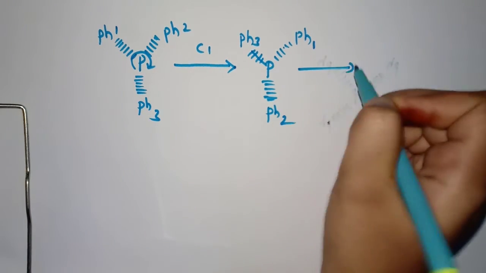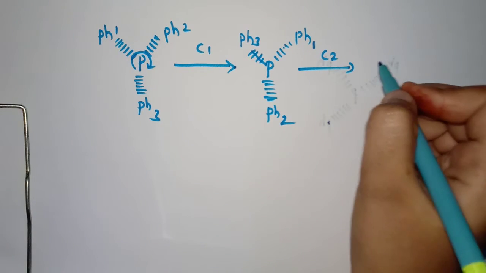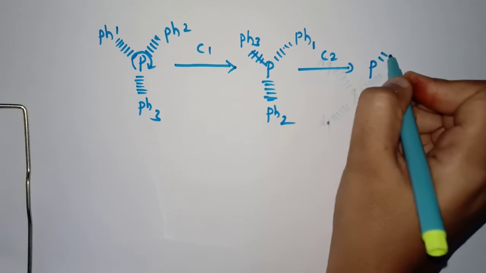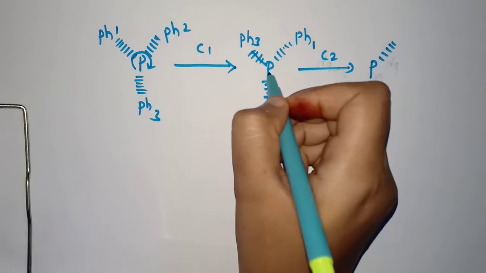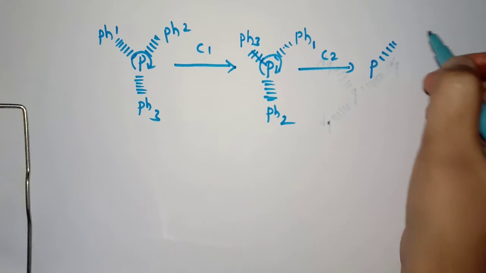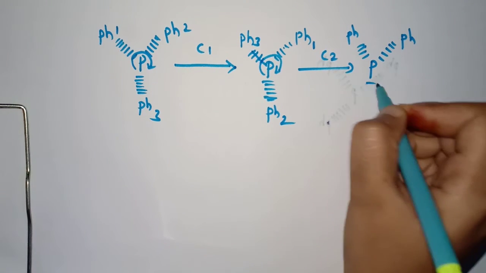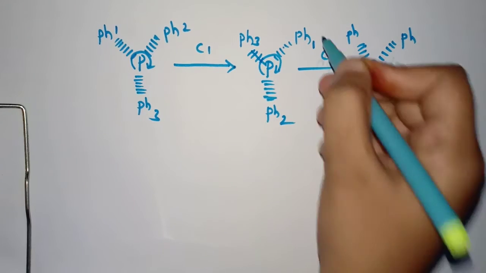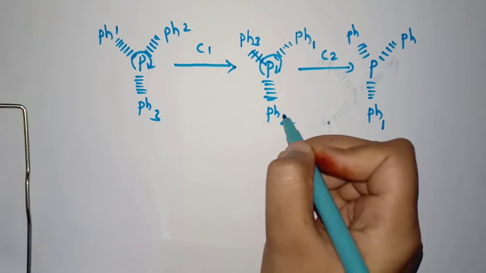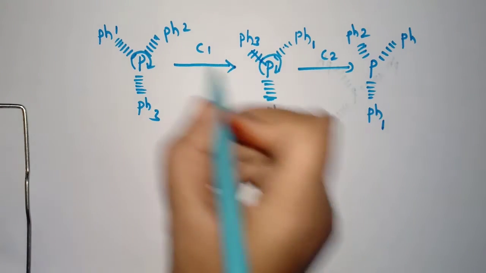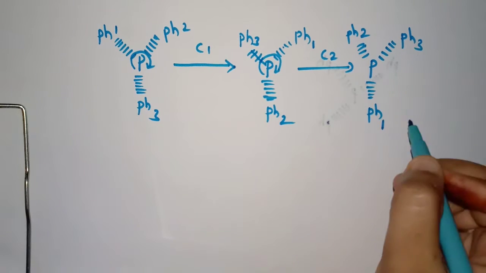And next again the C3 operation is done. What will happen? Again rotation, this P1 will come this side. See, this P1 will come this side and this P2 will go on the upper side and this P3 will come here.